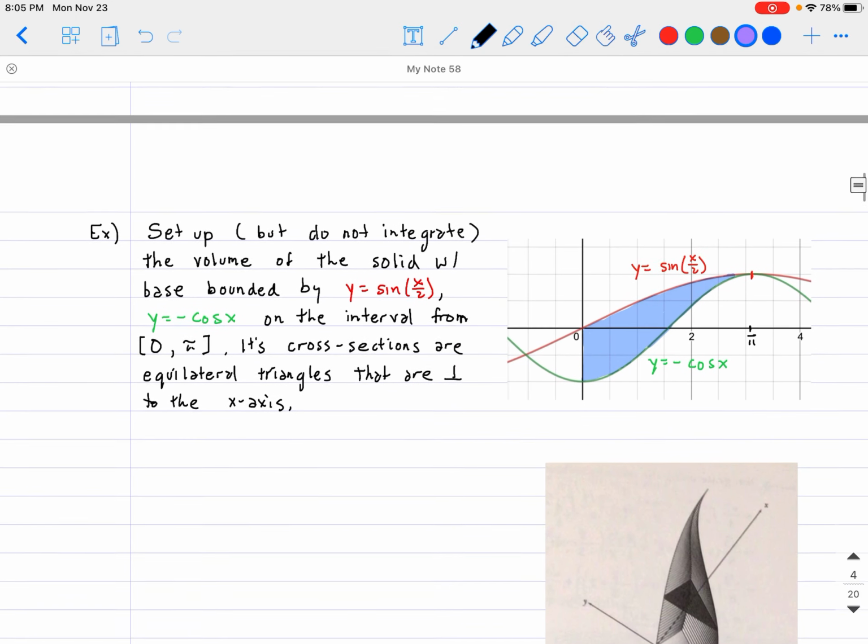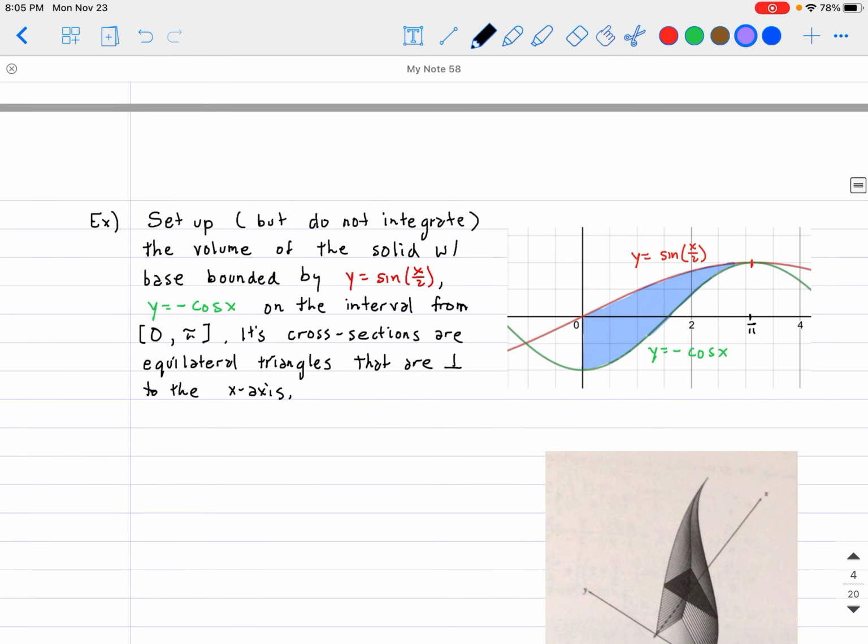And now for this last piece right here, which is going to be kind of like the opposite of it, what we're going to do is set up but not integrate the volume of a region that is bounded by a curve, again, with cross sections of certain shapes.